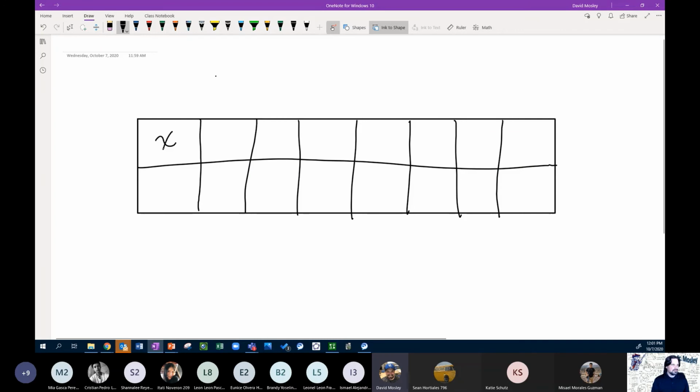We have X and Y. On the top, we have the X values. On the bottom, we have our Y values.